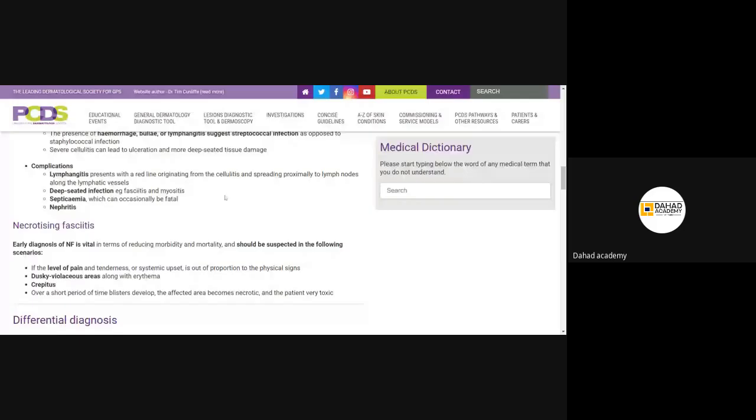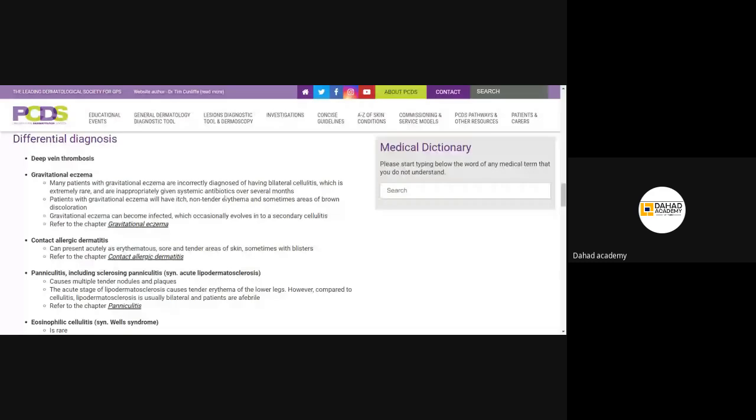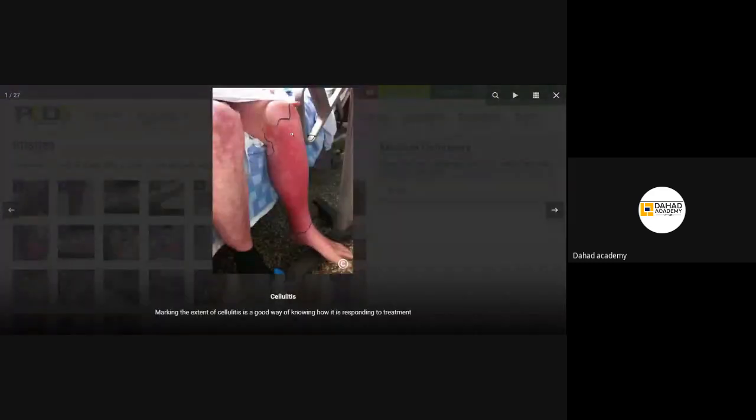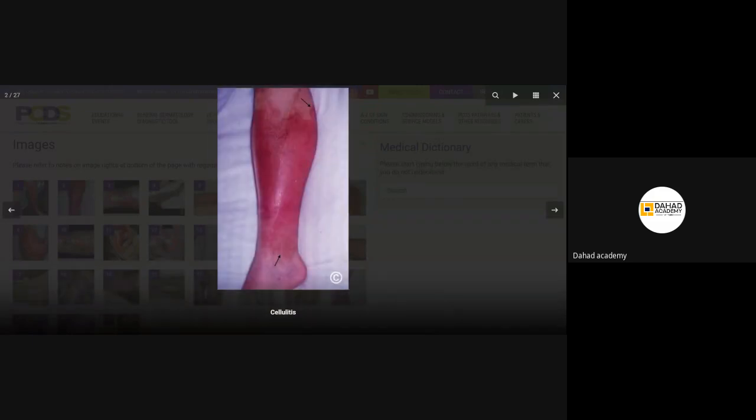This one is a BCDS guideline. I did forget, we will need to mark the cellulitis with your pen, to mark the cellulitis, and take swabs if there is some oozing.